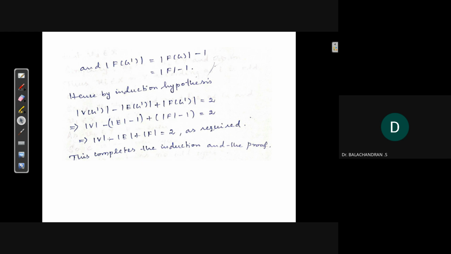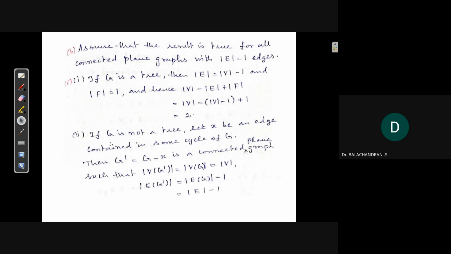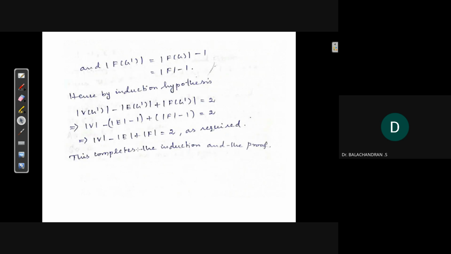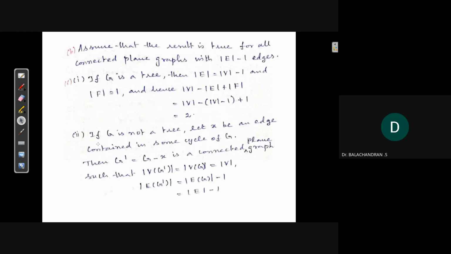And hence we proved the theorem is true for G. Why is the theorem true for G? Because for G, the number of vertices, we call it V of G, is the same.